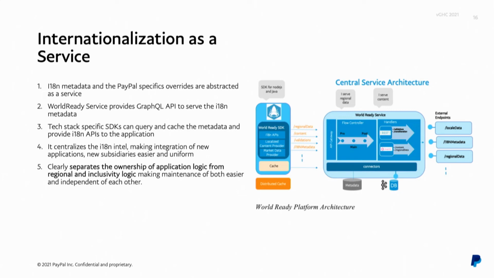There are two modes of operation depending on the applications. Certain applications have very strict requirements on the size, especially on the browser side. So they will not come with all the metadata bootstrapped, but rather, the SDK is smart enough to understand, hey, for this locale, for this language, I need to get this part of the information, or this particular application does not use name metadata or address metadata at all, so I don't need to cache that, or I don't need to get it bootstrapped with this application.